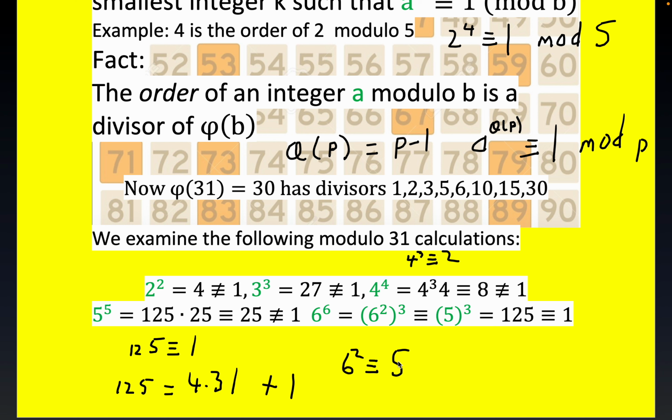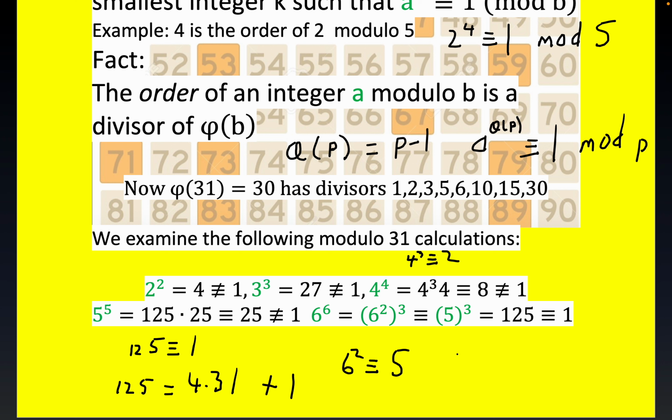But we already know what's going on with this. We have 5 cubed, and we already know that that's 125, from over here. So as you move along, sometimes previous steps help you in your calculations, and we never even had to know what 6 to the 6th was. It's a huge number, right? But we're using this modular arithmetic in a very nice way.